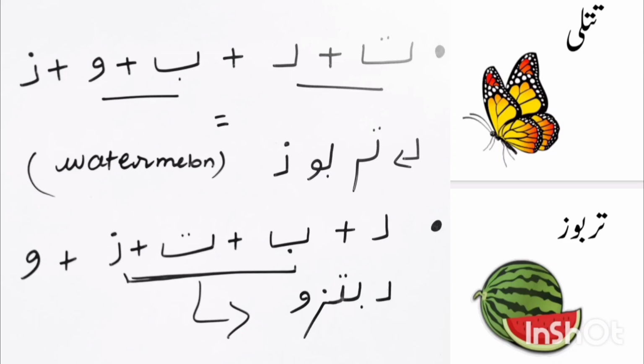It's ribatsu, which is not a word in Urdu. I just want you to know how they are connected. I hope that you got a little idea.